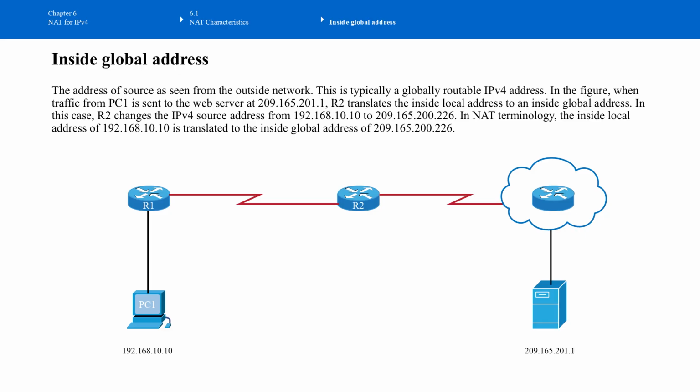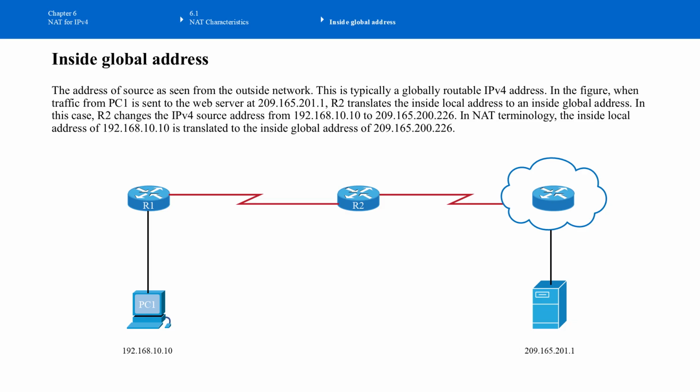The inside global address is the address of the source as seen from the outside of the network. This is typically a global routable IPv4 address. In the figure, when the traffic from PC1 is sent to the web server at 209.165.201.1, R2 translates the inside local address to an inside global address.